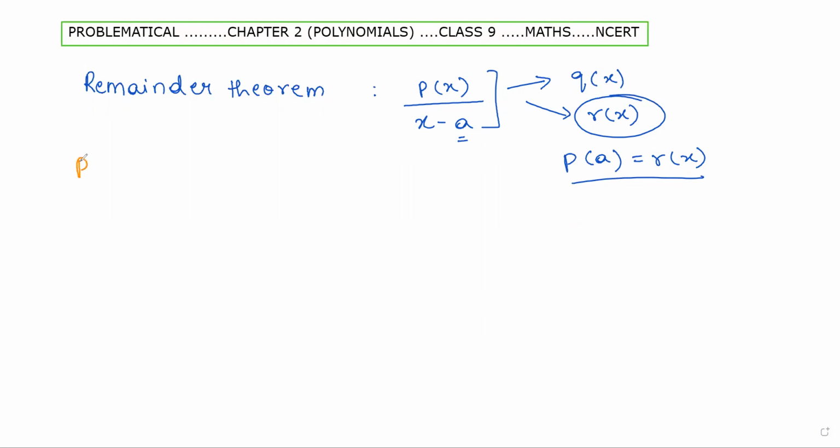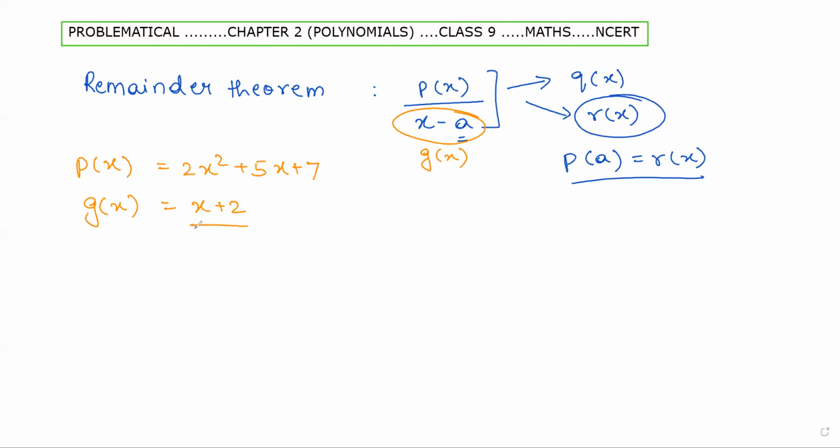Let us consider p of x as 2x squared plus 5x plus 7, and your denominator is g of x. Let's consider g of x as x plus 2.